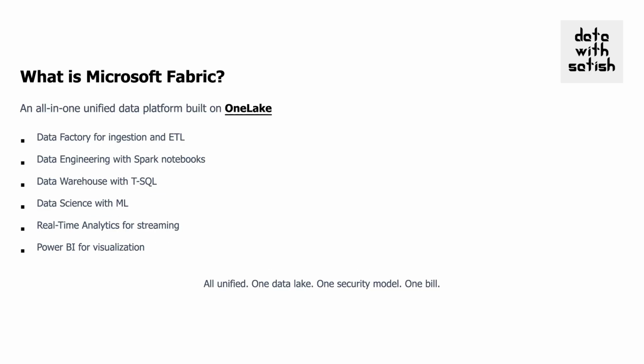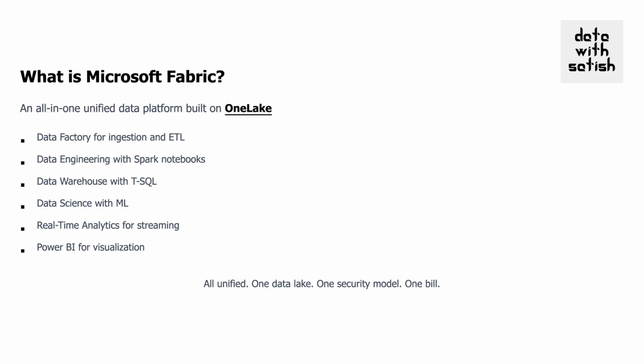So what is Microsoft Fabric? Think of it as an all-in-one unified data platform built on something called OneLake, a single data lake that every service shares. You get everything you need in one place.